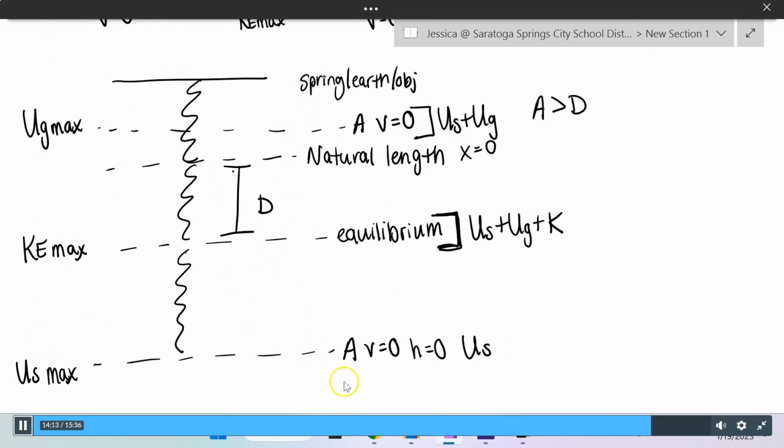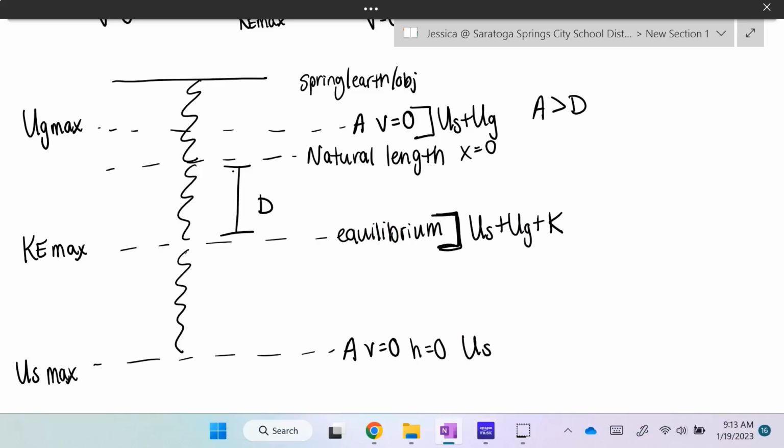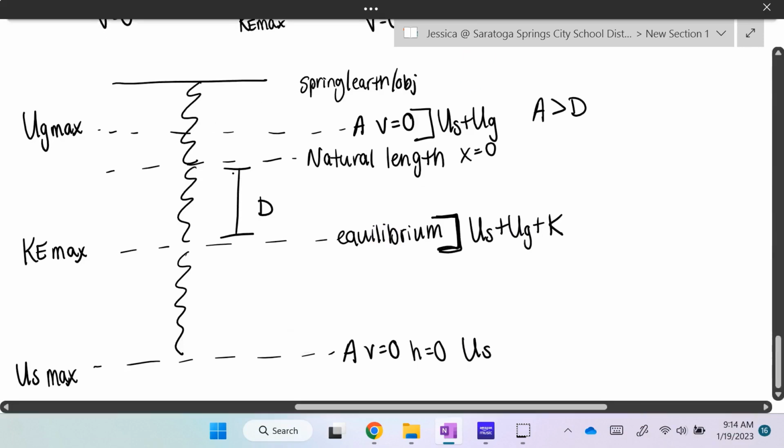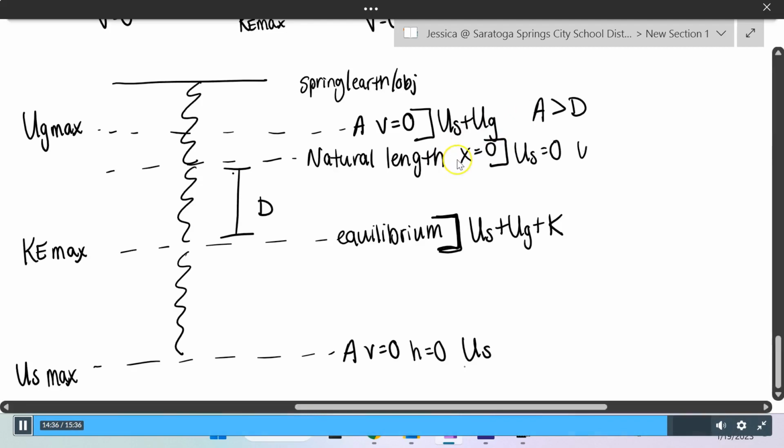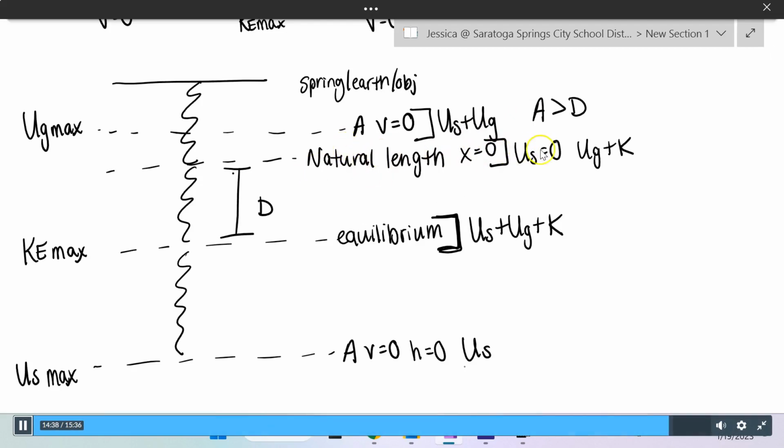It's definitely a weird problem, but like I said, we'll talk more about it when we get to simple harmonic motion. And again, remember that the mass does matter here. Mass is going to impact maximum speed and height and things like that because it's not going to be able to cancel.